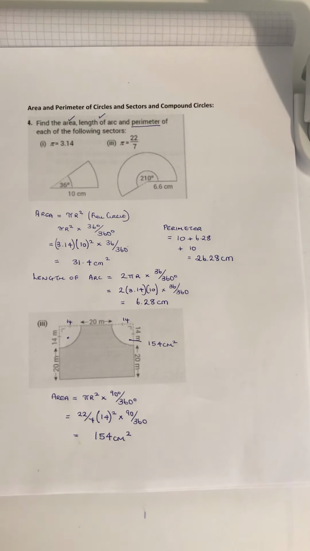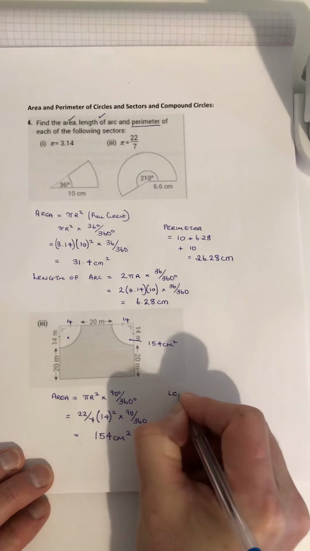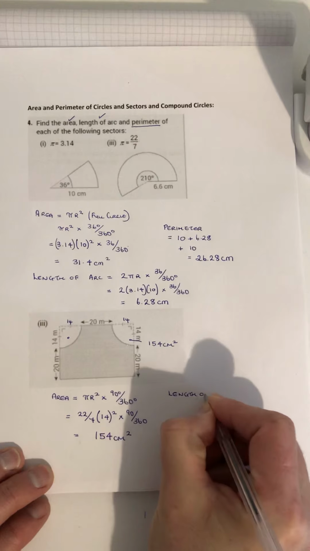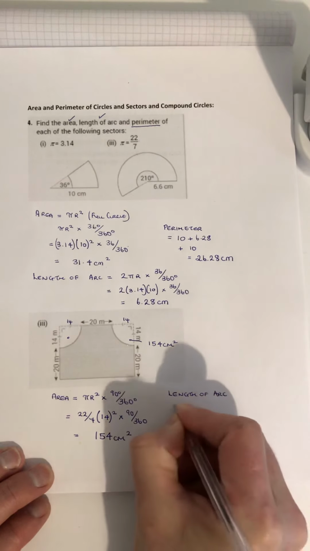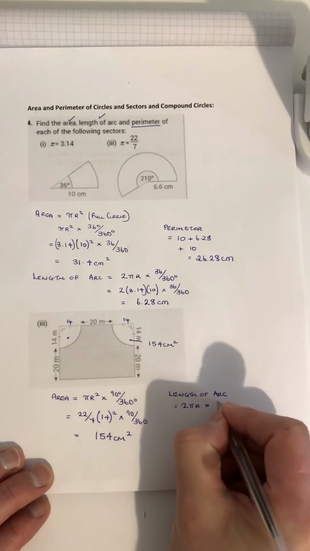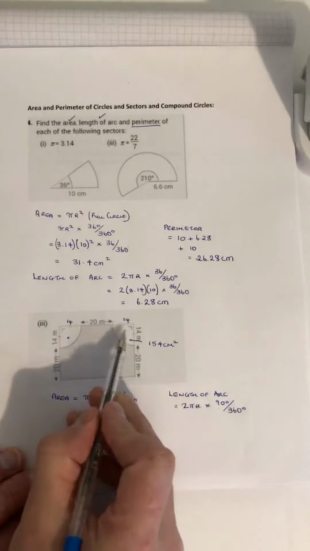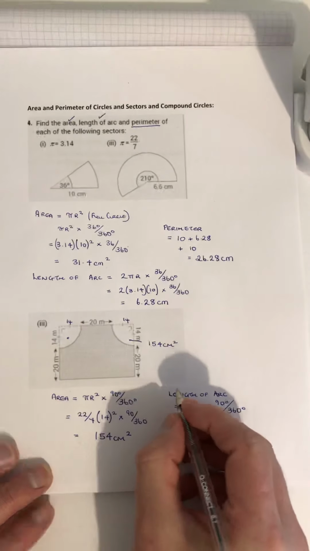Now what we're going to do is find the length of the arc. So again the formula is 2 pi r, multiply that by the sector we want, which is 90 degrees out of 360, because it's a right angle, so 90 degrees.